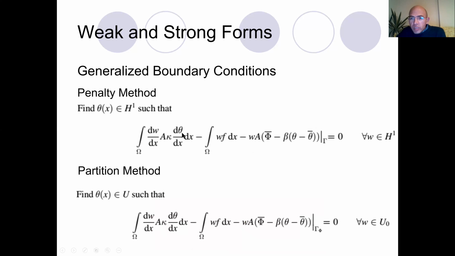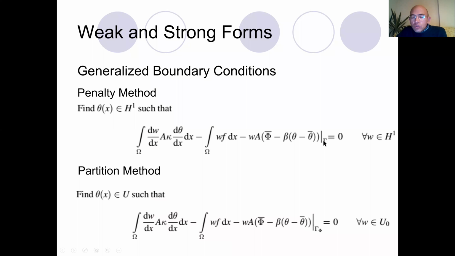Here theta is the dependent variable, minus integration of wf over the domain omega, minus wa phi bar minus beta (theta minus theta bar) over the domain gamma, for all values of the weight function, which is a member of the Hilbert space.